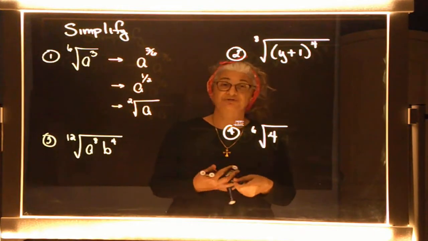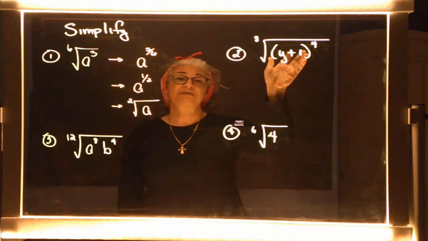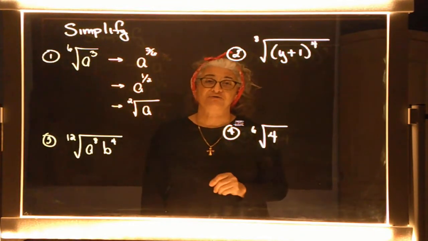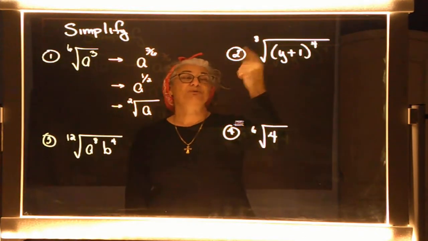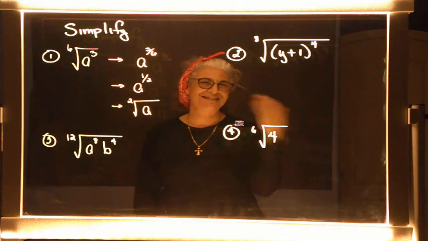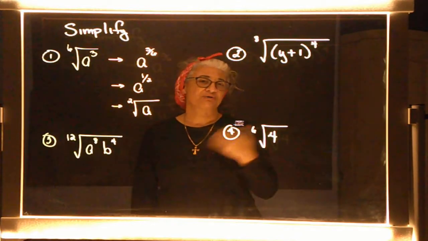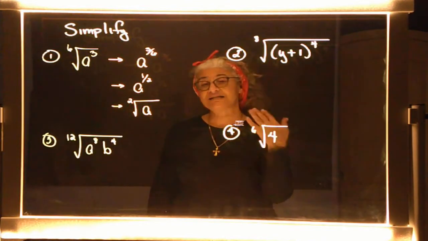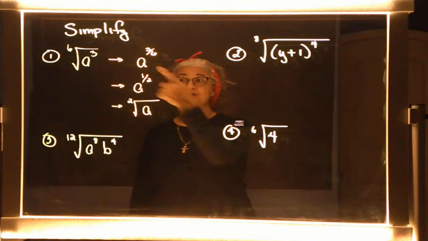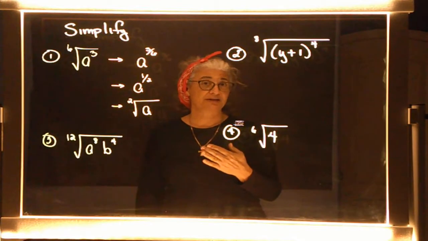Now, number 2. I have this parenthesis, and this parenthesis is to the power of 4, which means I have 4 of those parentheses, right? But the root is 8, which means I need 8 of a kind to take 1 out. So clearly I can't take 1 out. But let's talk about simplifying it a different way. Just like we did over here, correct?